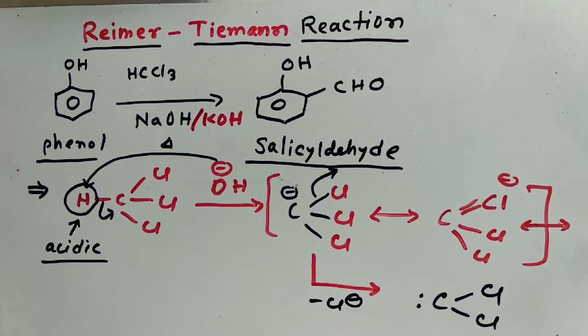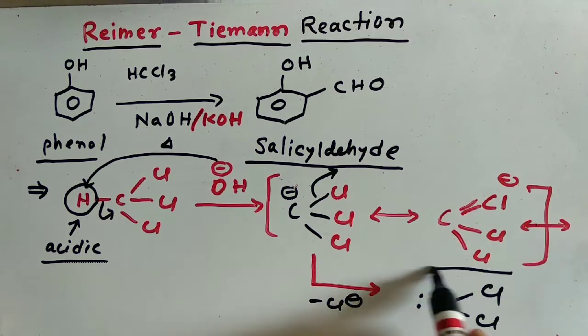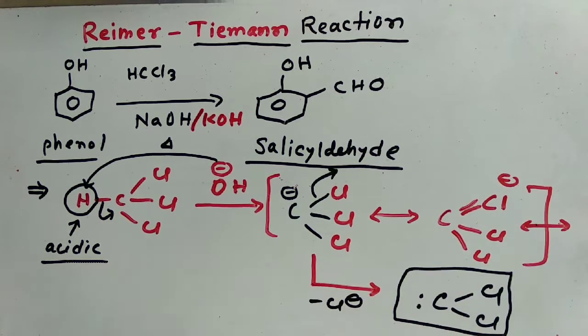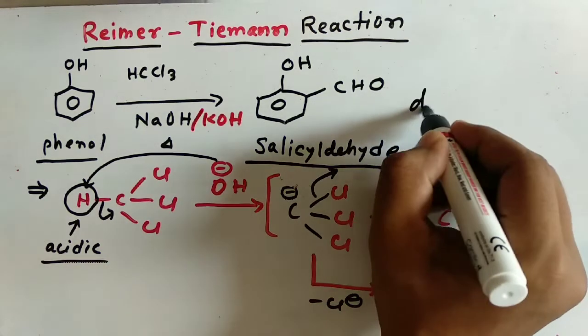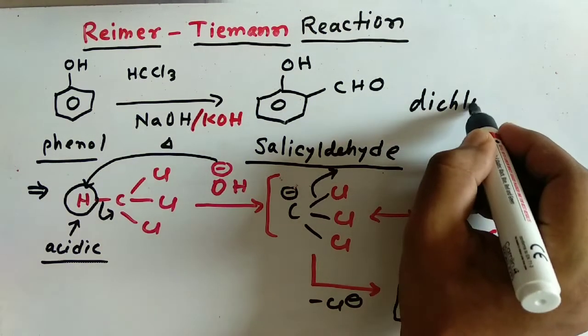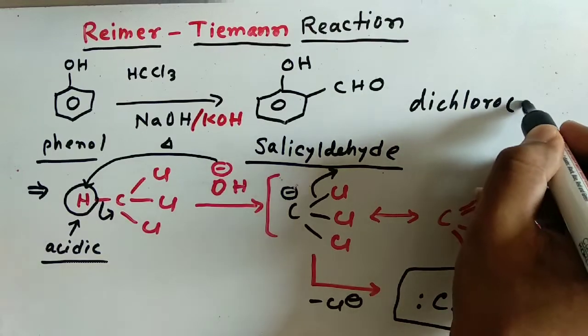What is this called? This is very important. You can face a question regarding this: what is the intermediate in the Reimer-Tiemann reaction? Of course, it's a carbene. So what is the name of this carbene? That is dichlorocarbene.